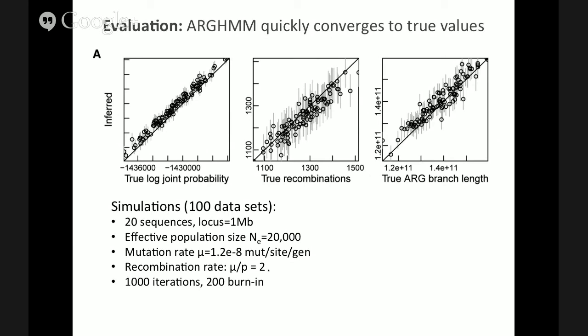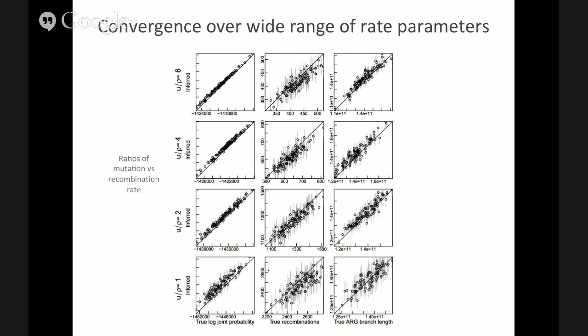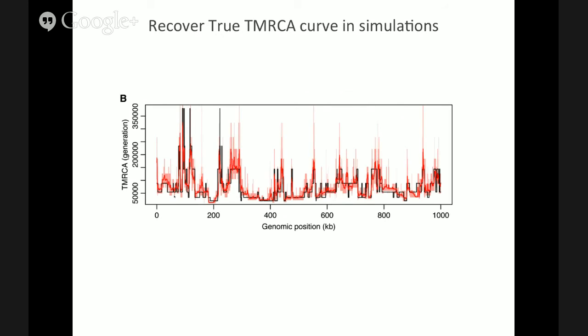So that's going to depend on which species and which regions of the genome inference of the ARG is achievable. This is an example of the same plots, but we looked at lots of different ratios and found that you could recover the true value in many cases.